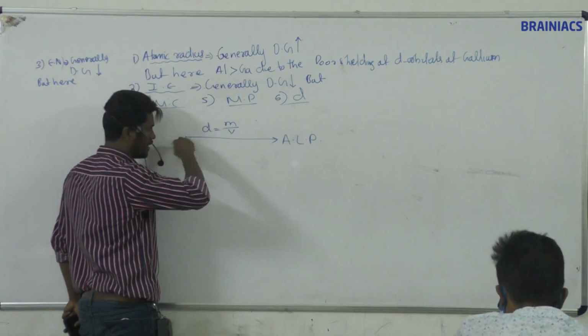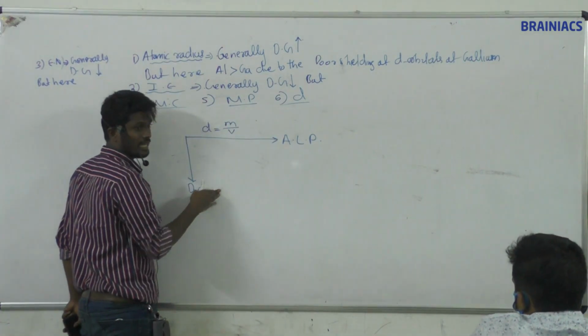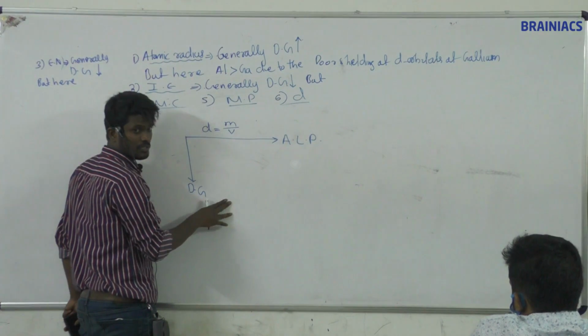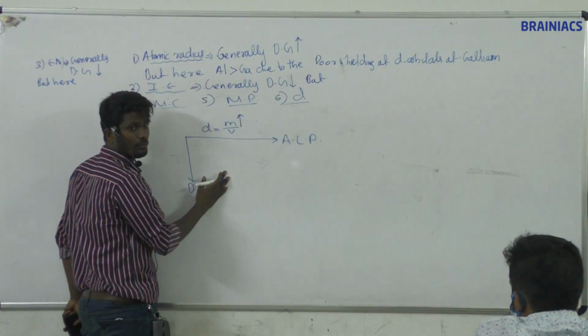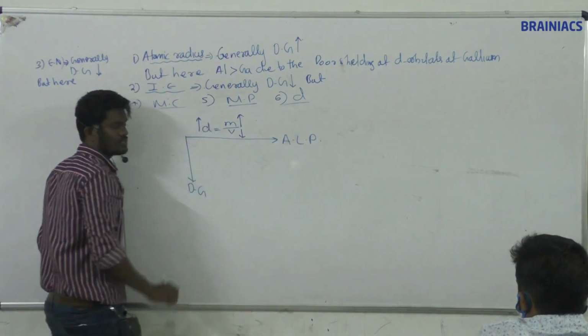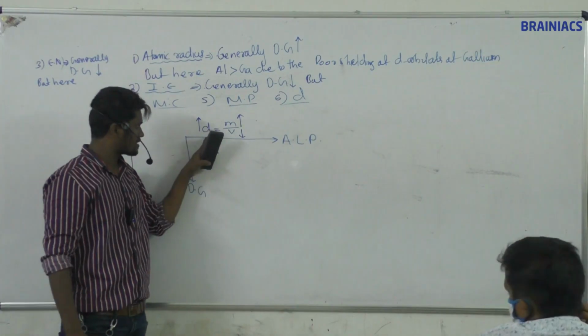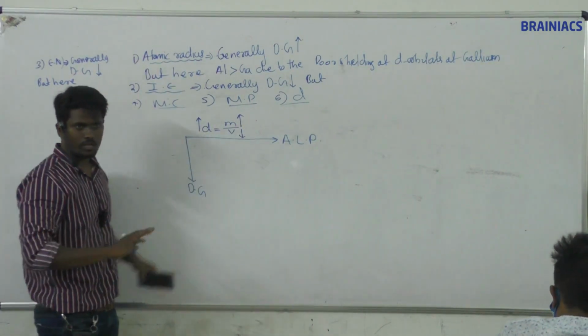Along the period, what happens to the atomic mass? Increases. What happens to the size or atomic volume? Decreases. So what happens to density? Increases. So along the period, density increases with increasing atomic mass and decreasing atomic size.